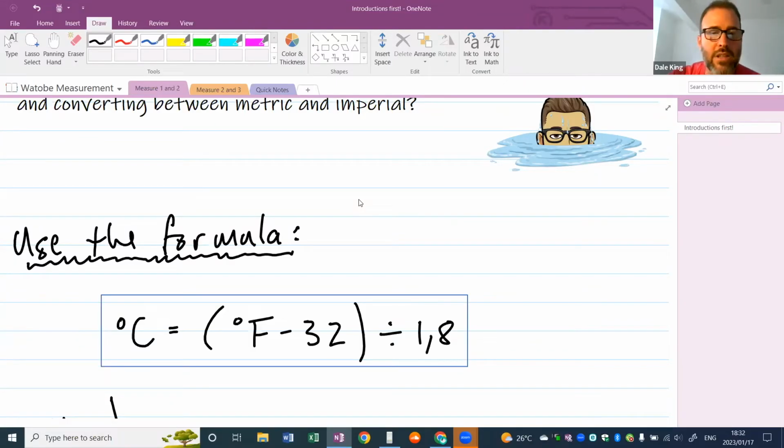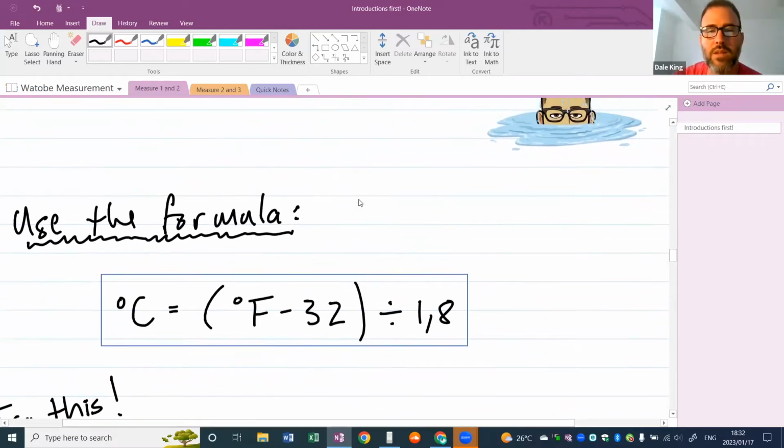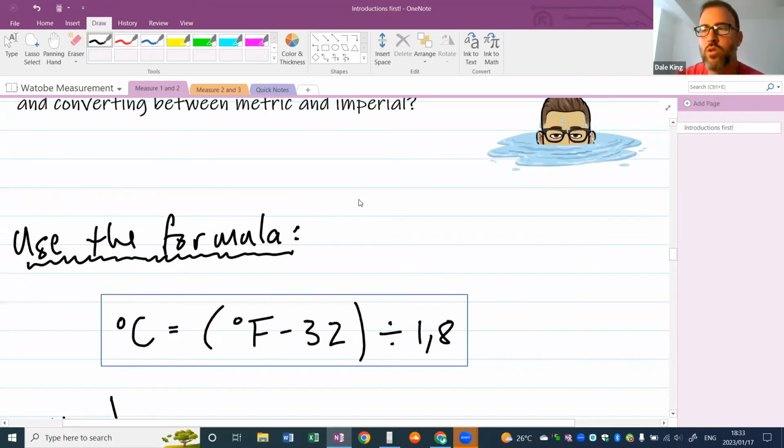Now, this is the formula that you need to do this. You don't have to remember this. It gets given to you in the exam. They have to give it to you. What you do need to know is how to use it. So if you get given this formula, there is a clue here on what they're asking. Over here, we have degrees Celsius on the left-hand side. That's where our answer comes out. So our solution is going to be in degrees Celsius.